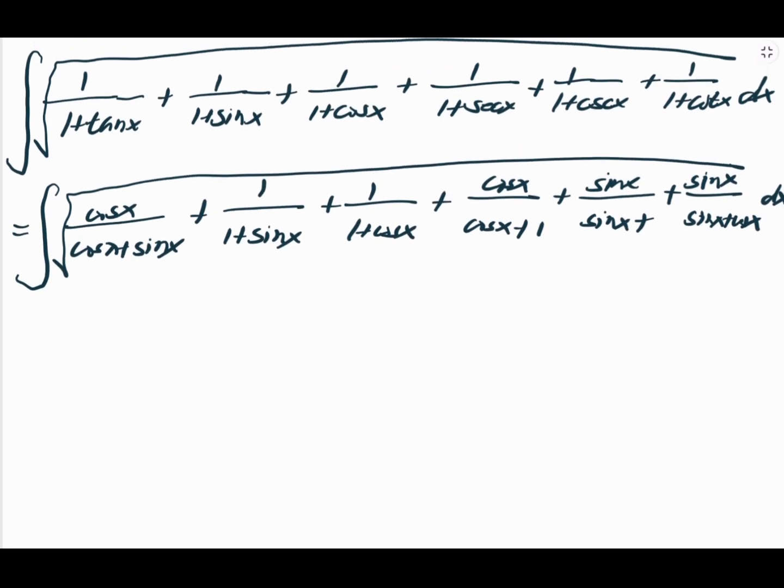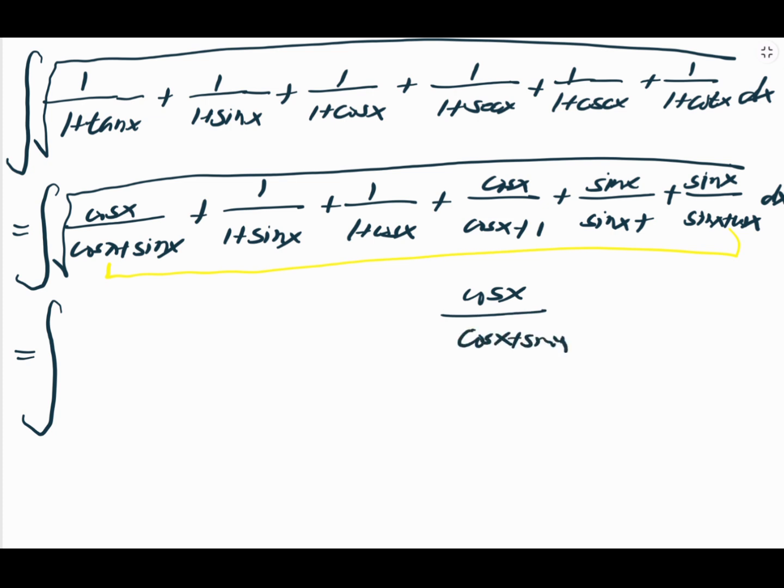Okay? So from this, we can group similar fractions, right? For example, this and this are similar, so we can add them. So that would be the integral of, adding that, the sum of cosine x over cosine of x plus sine of x plus sine of x over sine of x plus cosine of x.